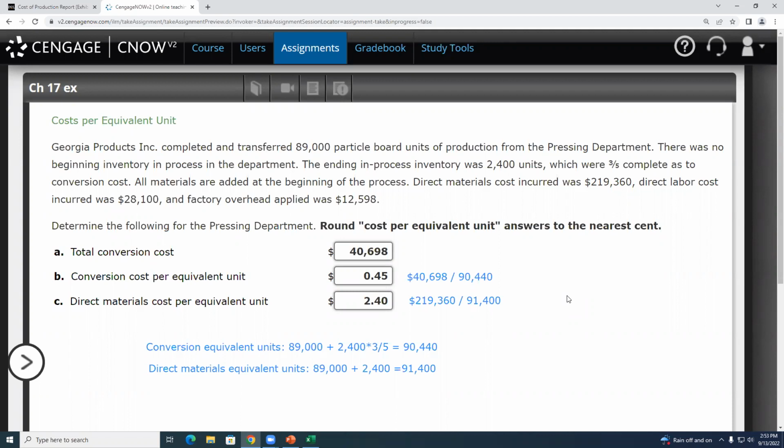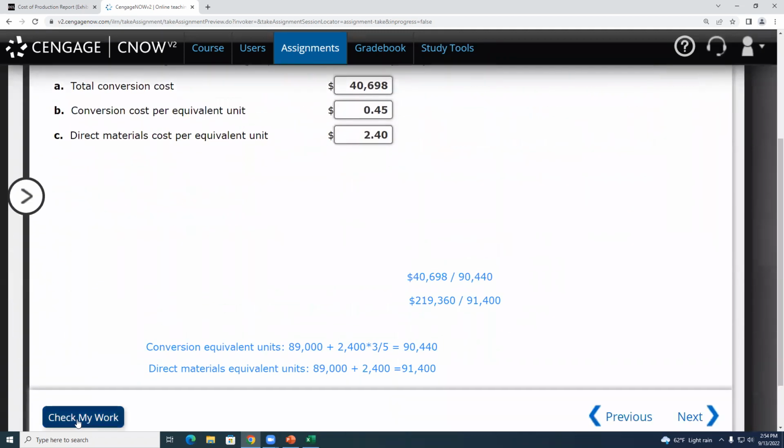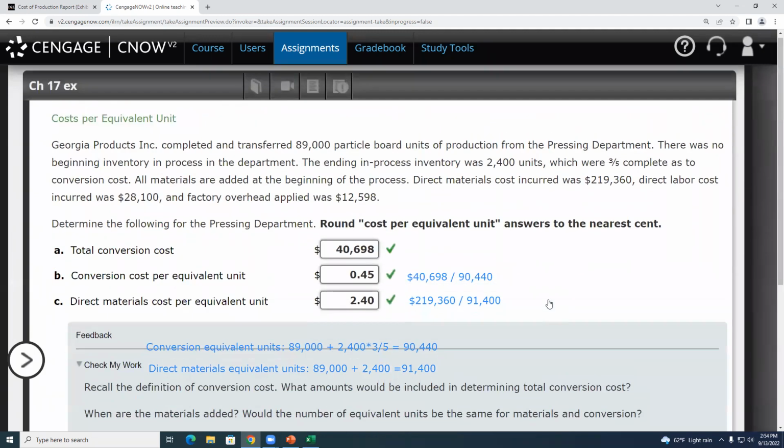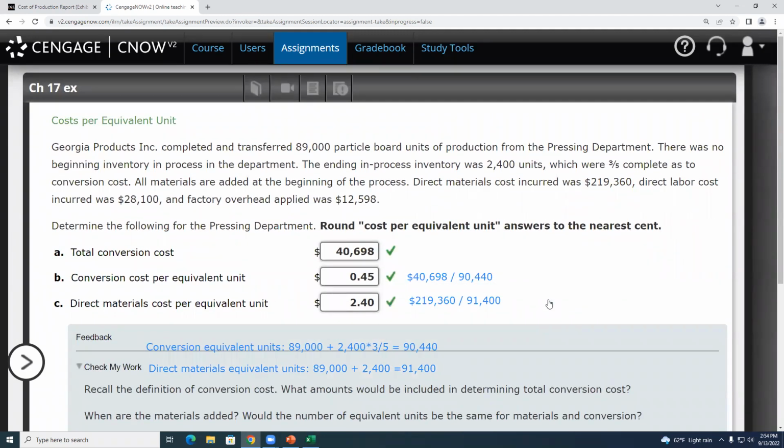I'm 99% sure if you watch the video of the mastery problem for chapter 17, you will see me using the template in that video as well. So you know where to find the template. It's in the reference materials folder in Brightspace for chapter 17. Go ahead and put my green check marks in there. Any questions about that exercise before we move on?